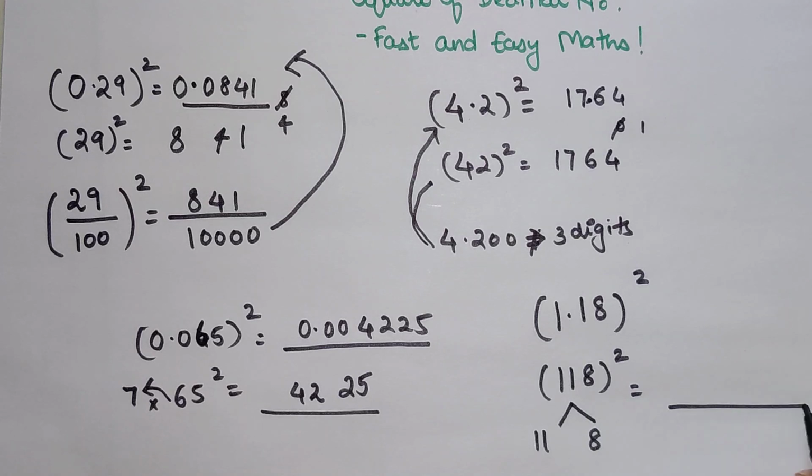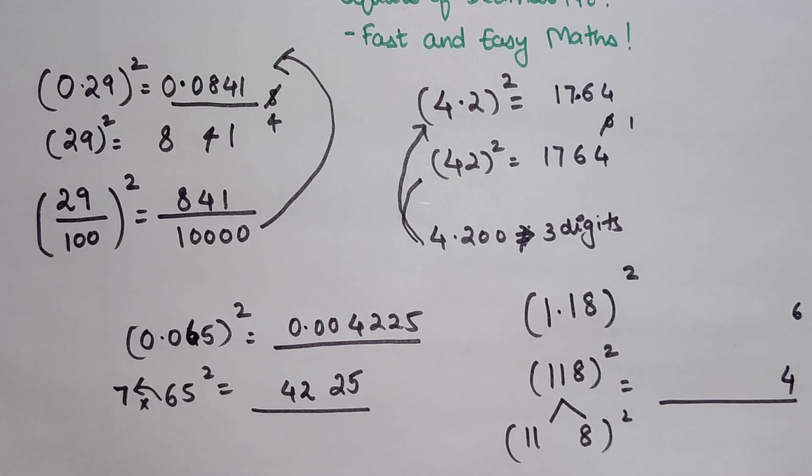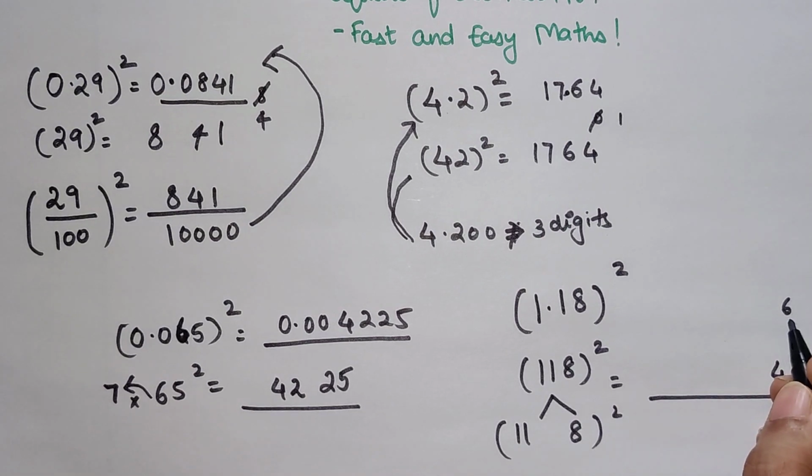So first we'll take the square of 8, which is 64, and 6 will be carry. Okay, multiply all three numbers. So 11 into 2 is going to be 22. 22 into 8 is going to get you 176. Okay, 176 plus 6 gets you how much? 182. So 2 stays and 18 gets carried.